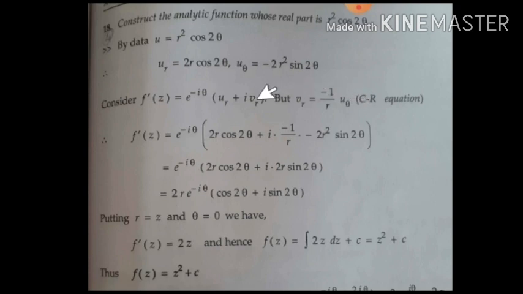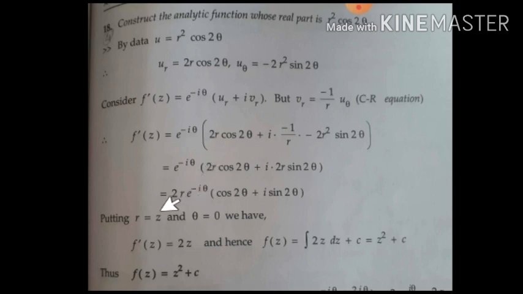So substitute that v_r over here. So v_r can be written as minus 1 by r u_theta. u_theta is substituted as minus 2r squared sin 2 theta. u_r is also substituted. Now simplification is done here. Simple r terms cancelled and taken common.